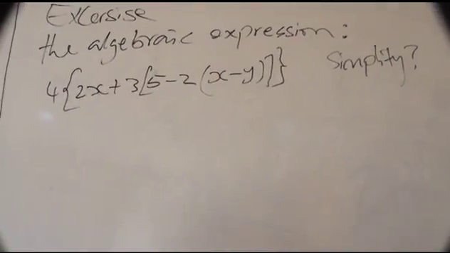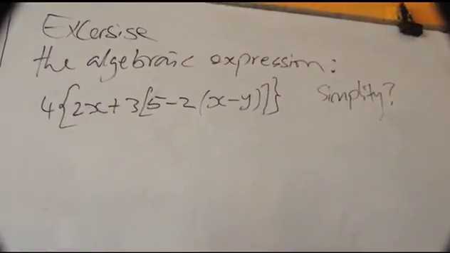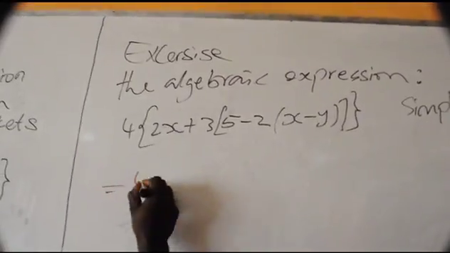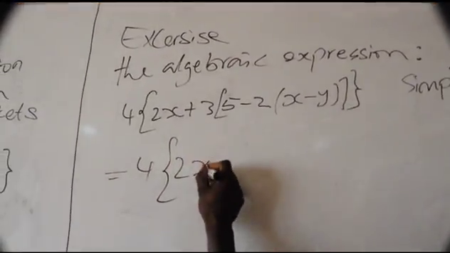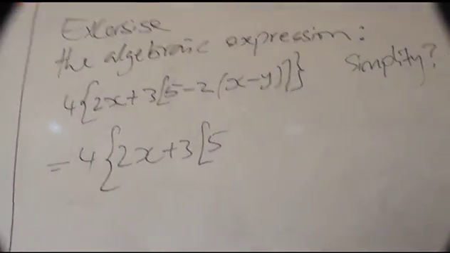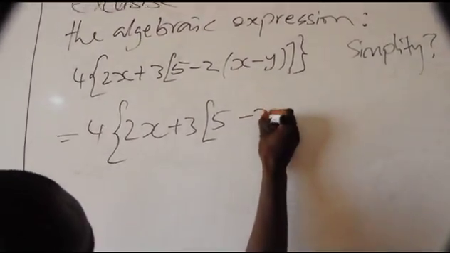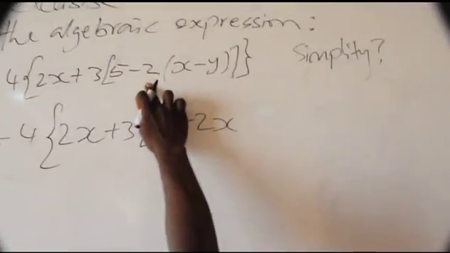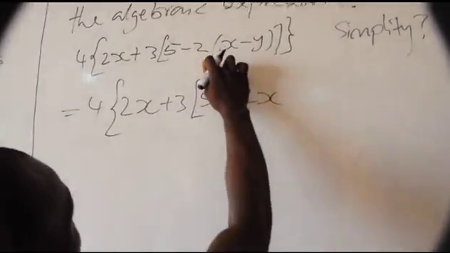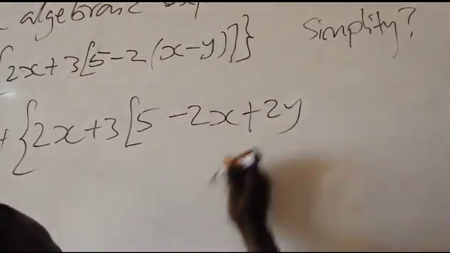So here now, we take the innermost bracket first. So what we will do now is minus 2 times x. First of all, let's copy 4 into 2x plus 3, 5. Then minus 2 times x is minus 2x. Then minus 2 times minus y. Minus times minus is plus. So minus 2 times minus y will give us plus 2y.